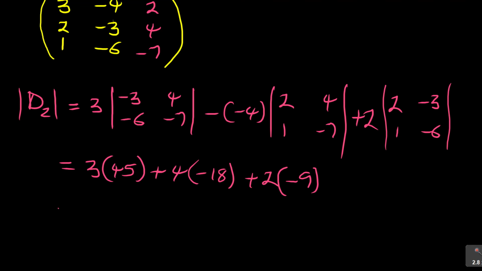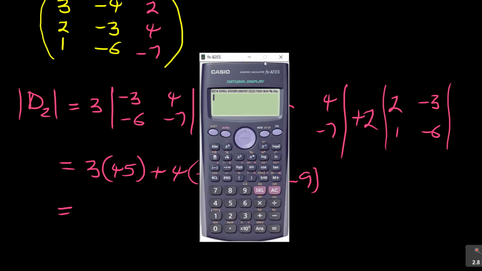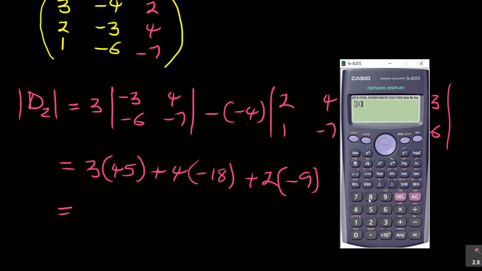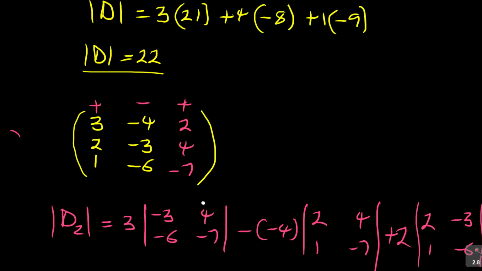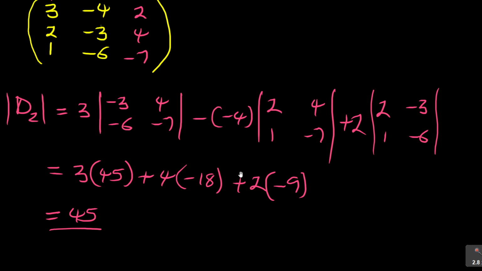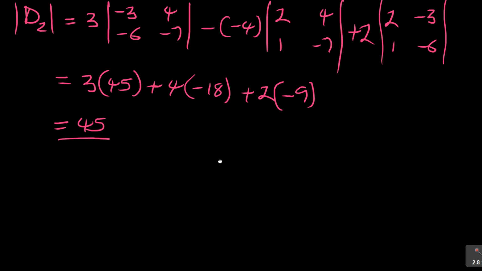And then if I'm solving there, 3 times 45 plus 4 times negative 18 plus 2 times negative 9, which is equal to 45. So I'm getting 45. Now, how to find the final answer? The final answer, remember D is 22 and D of Z is 45.